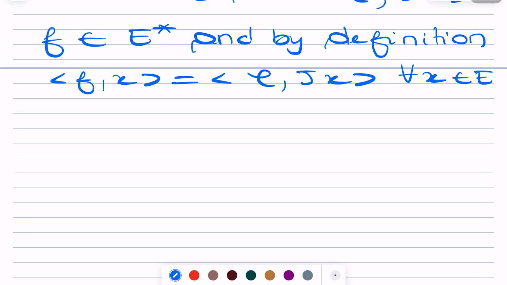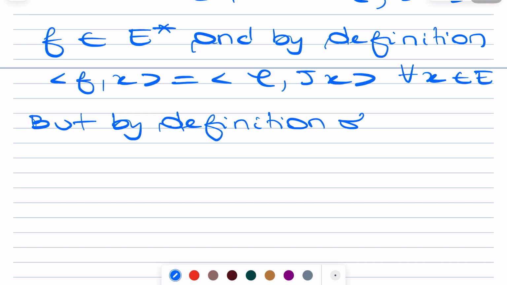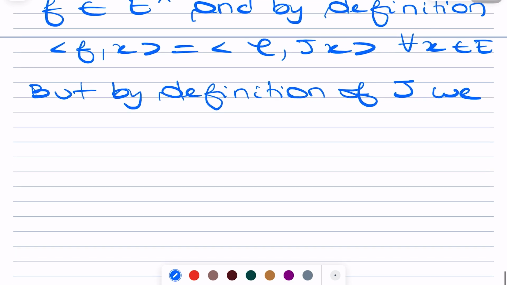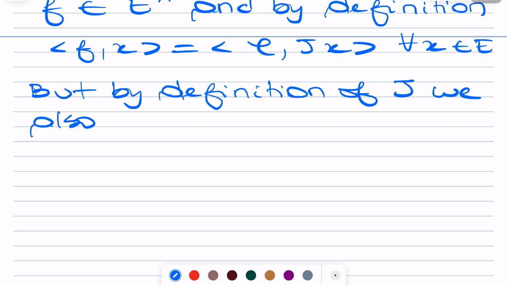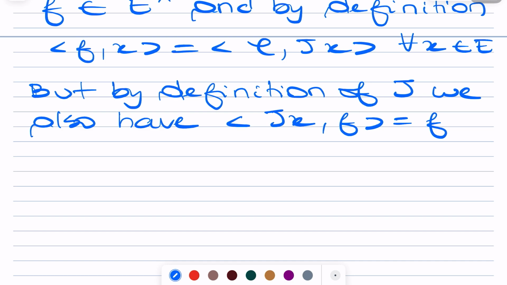But by definition of J, you also have the dual pairing between Jx and f is equal to the dual pairing of f and x.